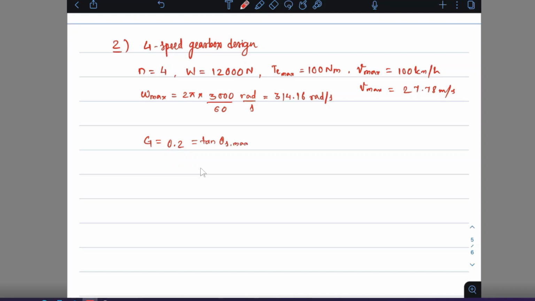So maximum gradability is 20%. The maximum value of theta s happens to be 11.31 degrees. We have been told that it is direct drive, so N4 will be 1.